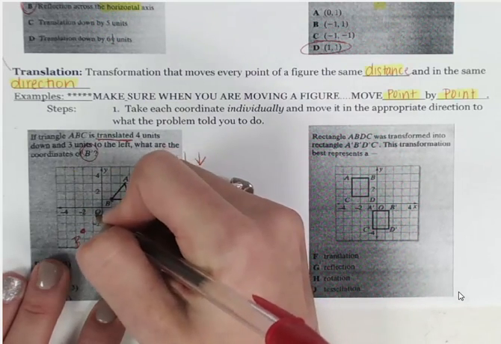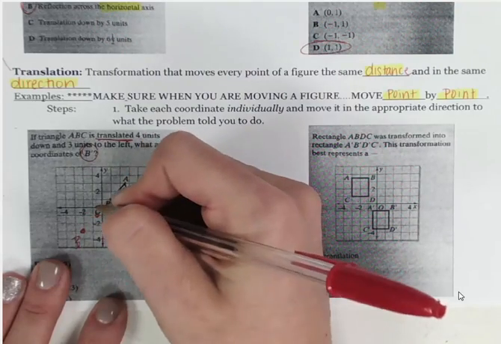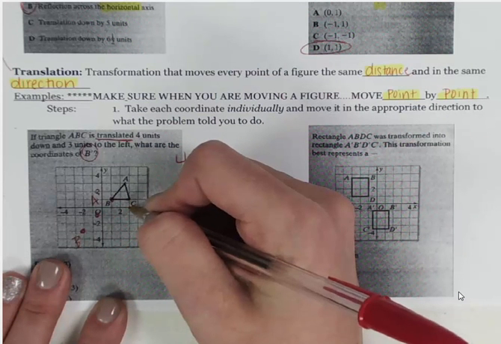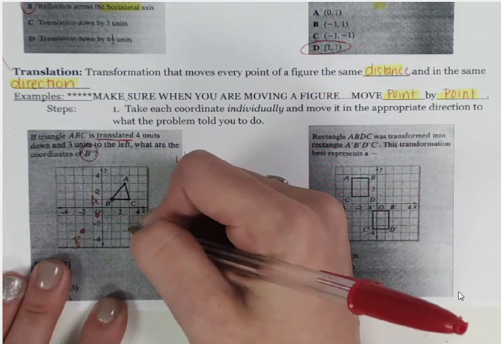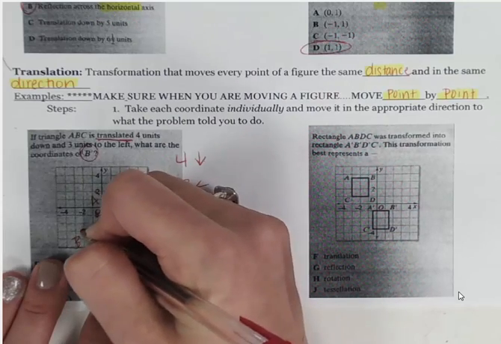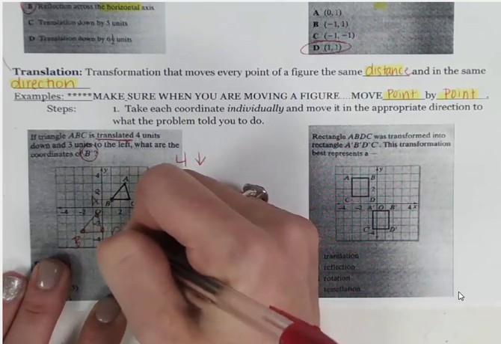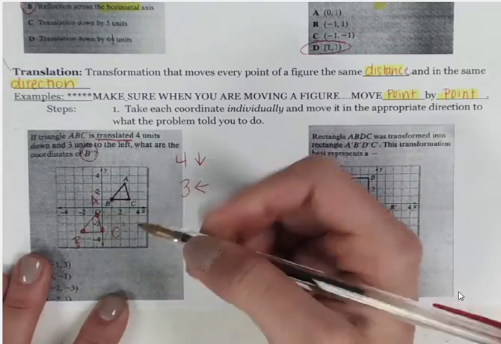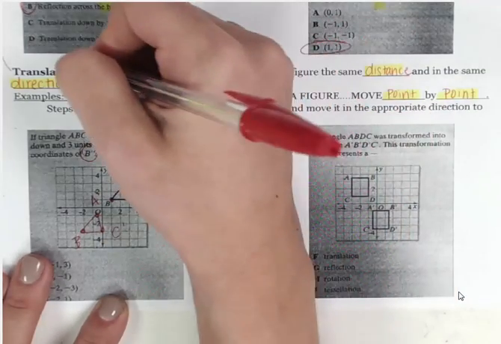This is going to be called what? Good, A prime. If I want to move C, 1, 2, 3, 4. 1, 2, 3. This is C prime. See how it looks like the exact same figure, it's just moved. Another word for translated is shifted.